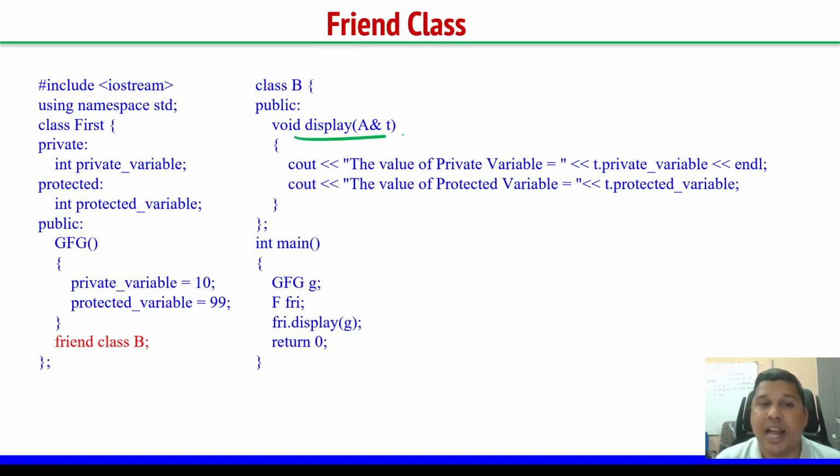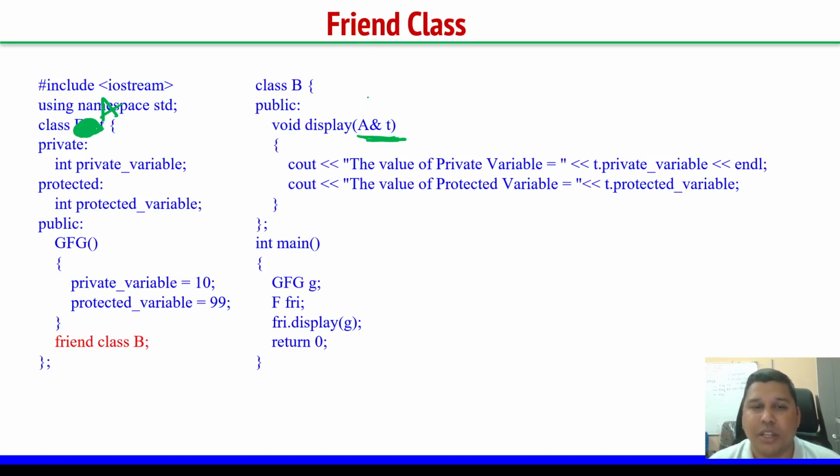See the example here, I have a function display. See, the value of the private variable is t dot private variable. What is t? Actually, this class name is A. I made a mistake. It is class A. So how to create an object for class A? See, A ampersand t. This I will teach you when we go into detail about the inheritance concept.